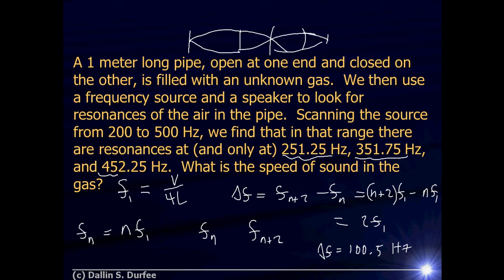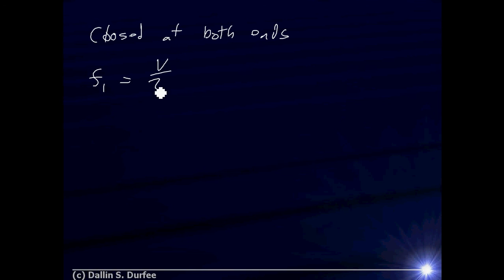Now let's go back and imagine, what if my pipe was closed at both ends and I found those frequencies? Would I get a different answer? Well, if my pipe is closed at both ends, in that case, the frequency of the first harmonic is just V over 2L, right? Because if it's closed at both ends, I fit half a wavelength inside my pipe.